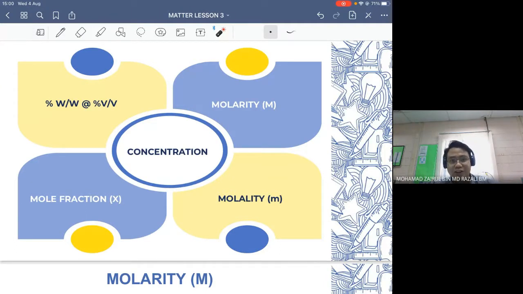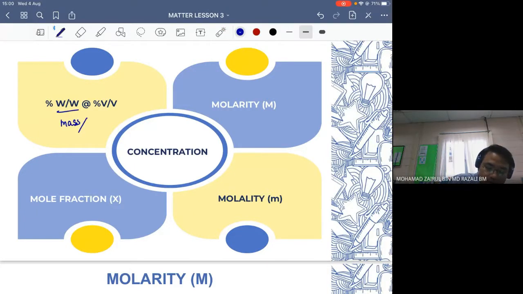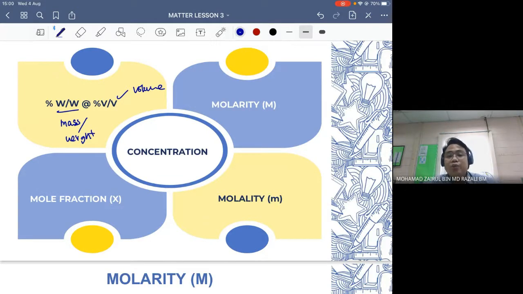You need to know the difference between molarity and molality. And then we have mole fraction, capital X, and percentage by mass. So w/w means mass or weight, doesn't matter whatever you want to call. v/v is a percentage by volume. These are the 5 different way for you to express concentration.